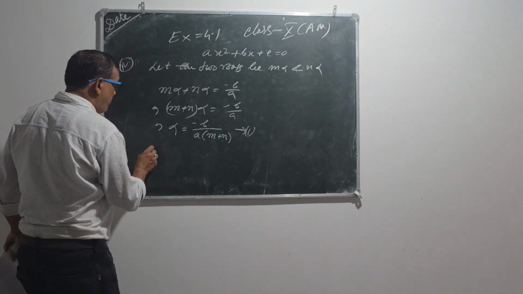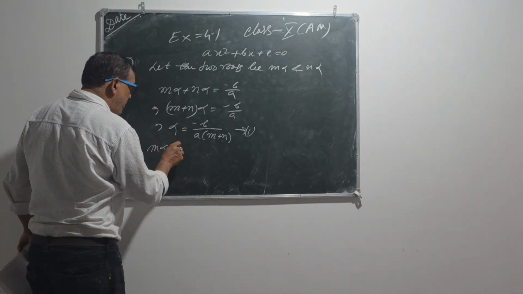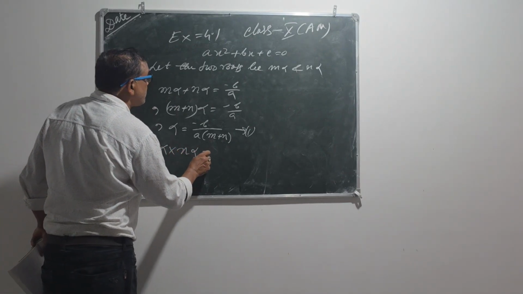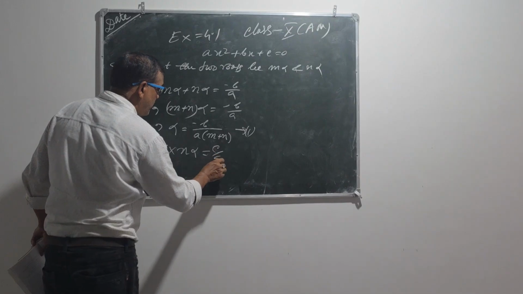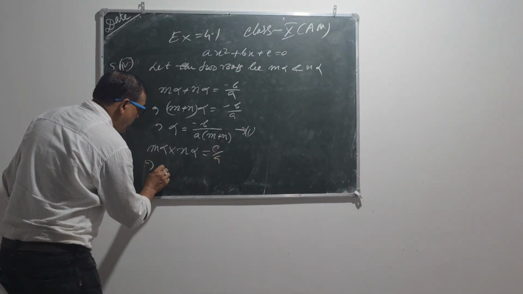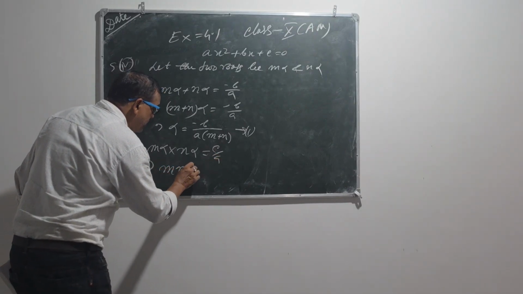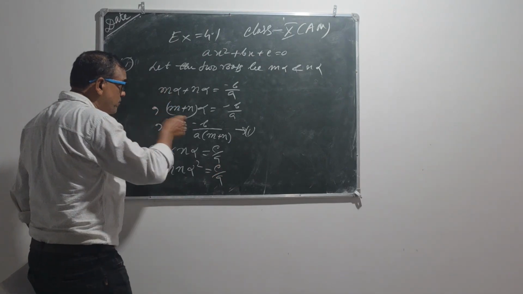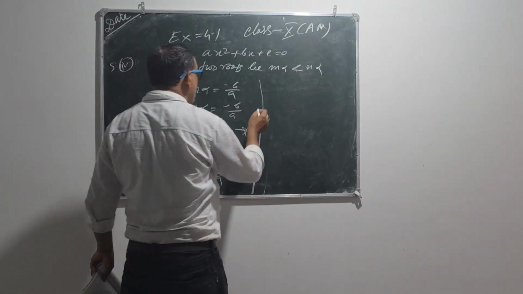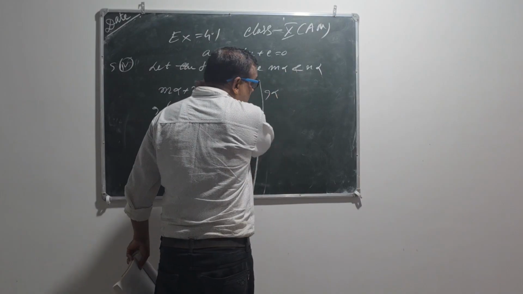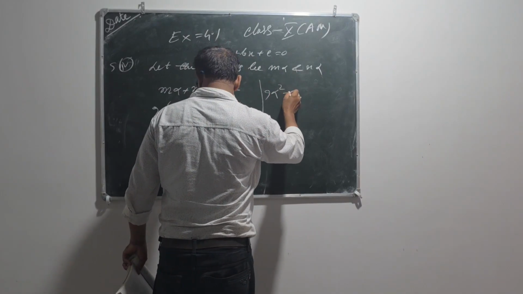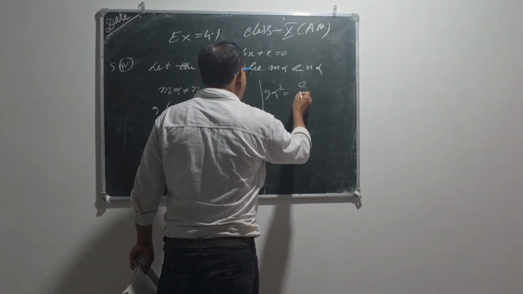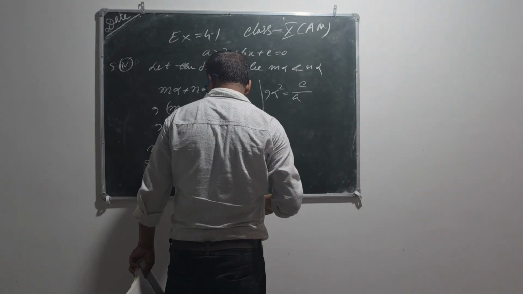The product of the roots, m alpha multiplied by n alpha, is equal to c by a. That is, mn alpha square equals c by a, so alpha square is equal to c by a into mn.